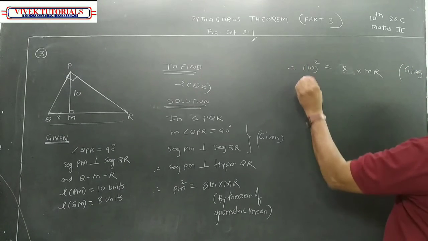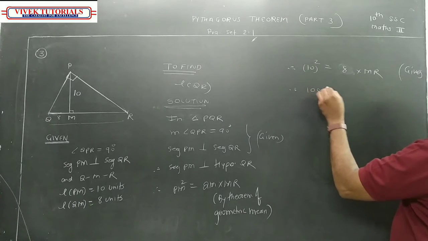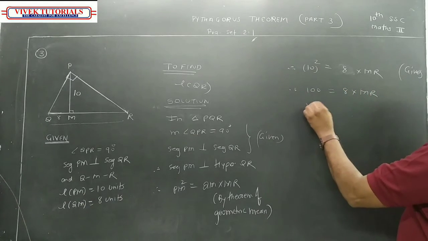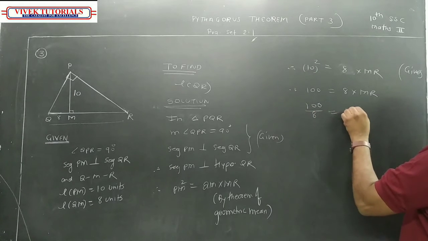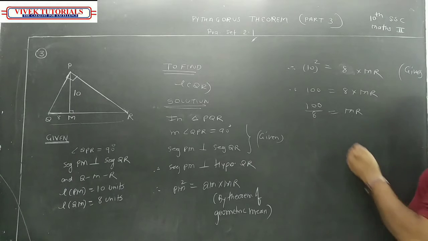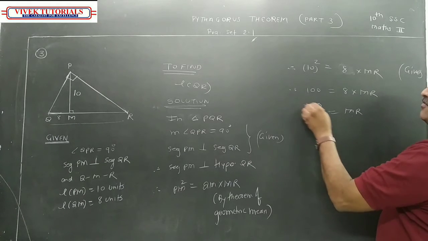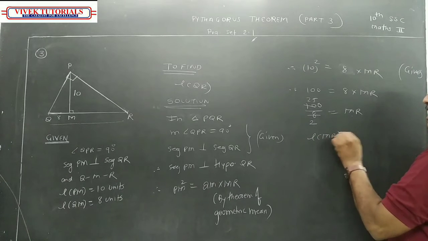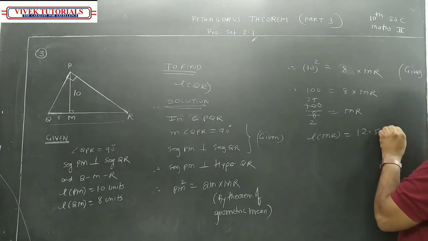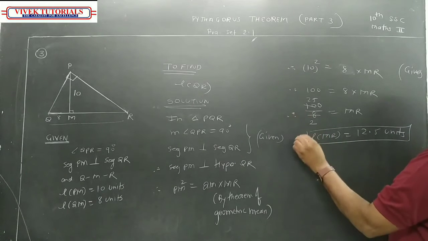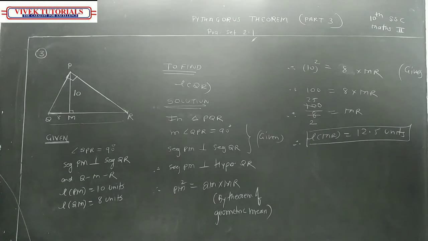So 10 square is 100, 8 into MR. 100 upon 8 is equal to MR. So 4 2s are 8, 4 25s are 100. So length MR is equal to 12.5 units. This we are going to write, and I think it is easy.